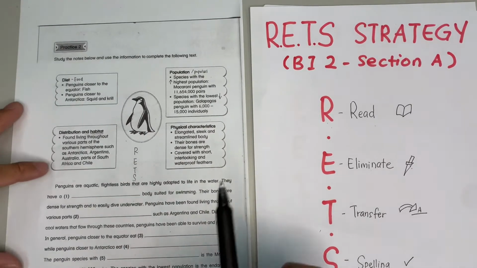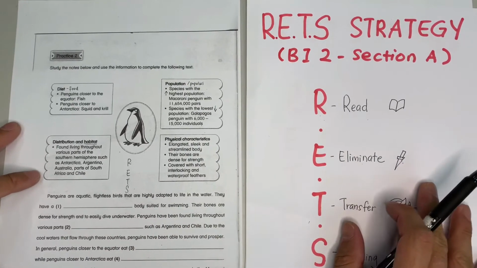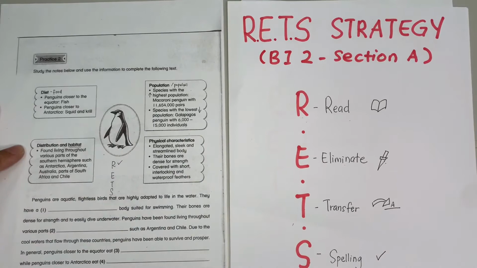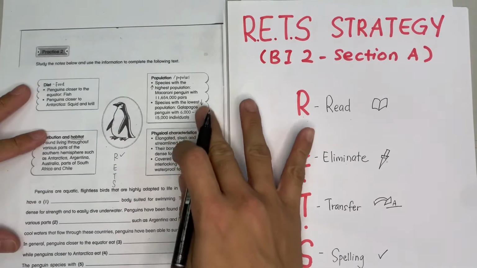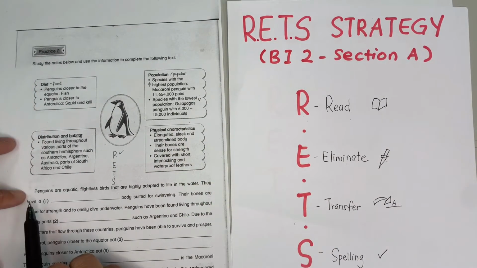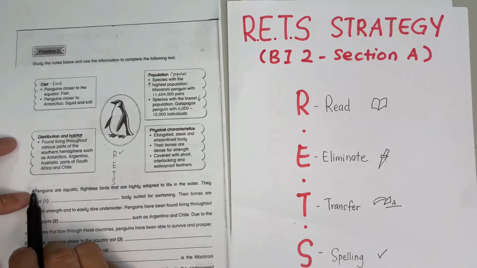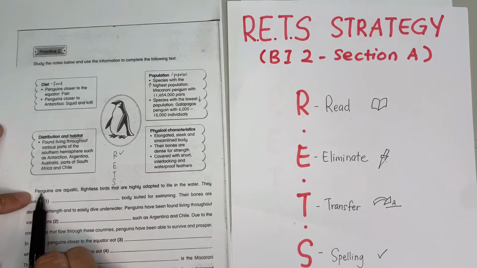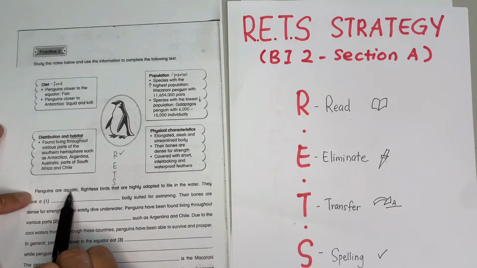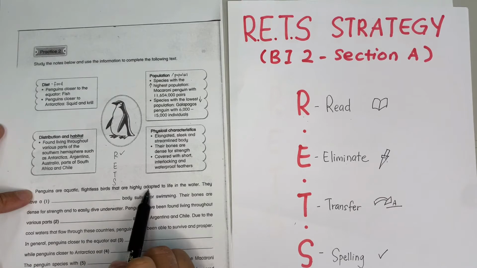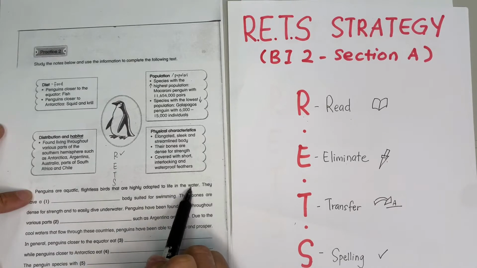Okay. Now, what we're going to do now, we have done reading. So we're going to tick R. We have done reading what's given. Now we are going to try to read and eliminate. Okay, let's try to read together. Penguins are aquatic, flightless birds that are highly adapted to life in the water.